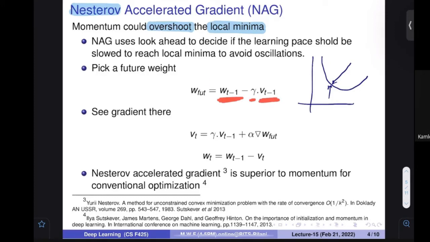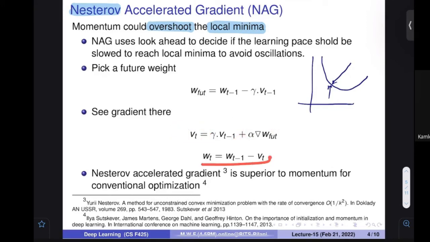Using this, you find the weight over there, and you find the derivative at that particular place, because with this you can parameterize the neural network and find the derivative with respect to the weight. You take the update done at the previous time, and the update at the future time, combine both of these, properly weight them, and then say this is how much I am going to change.